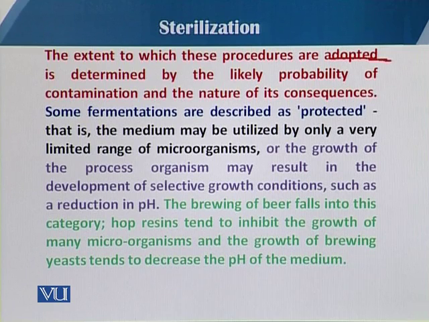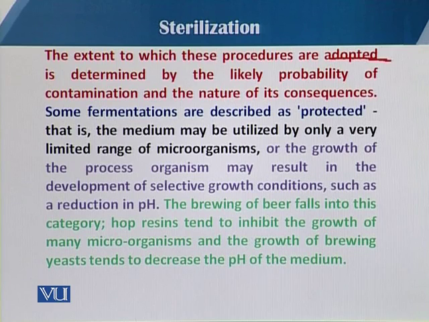Why are we talking about the probability of contamination? Because of the number of unwanted microorganisms present in any object, our whole sterilization process will depend on it. So we can say, on the basis of the fermentations, in two categories, either protected or unprotected.